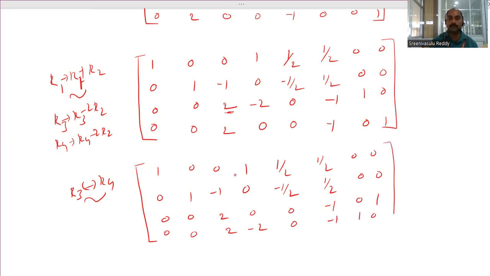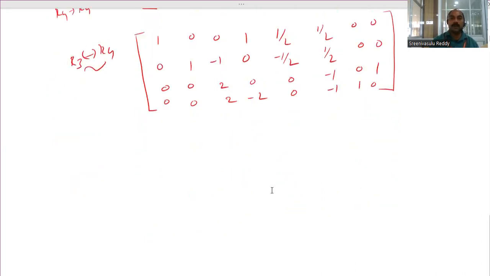That's all. Now make this 2 into 1 because in the identity matrix we should have 0 in the right hand side. That's why I make the interchange of the rows. R3 tends to R3 by 2 because now current R3 row is this one. Other rows as is.